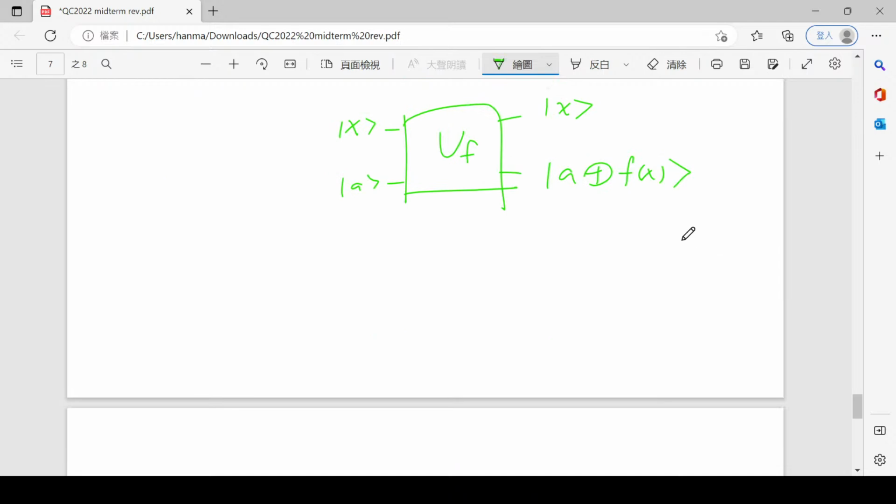The other thing to remember is the big O notation.